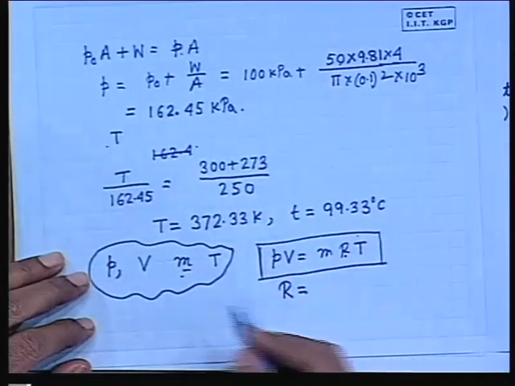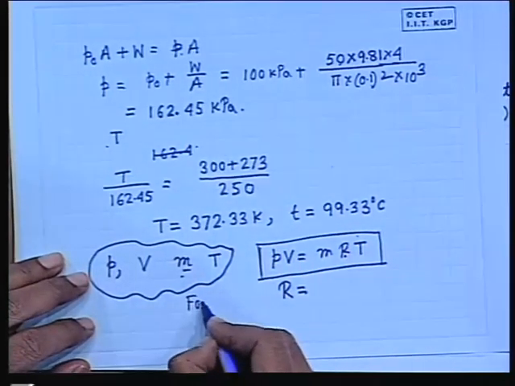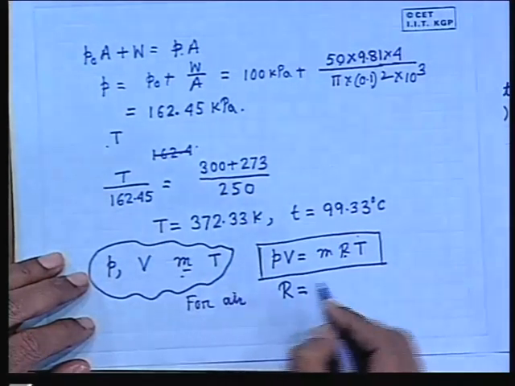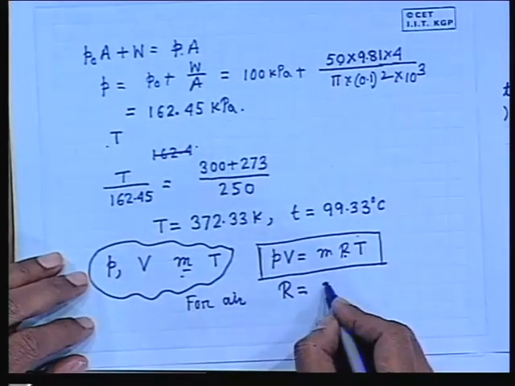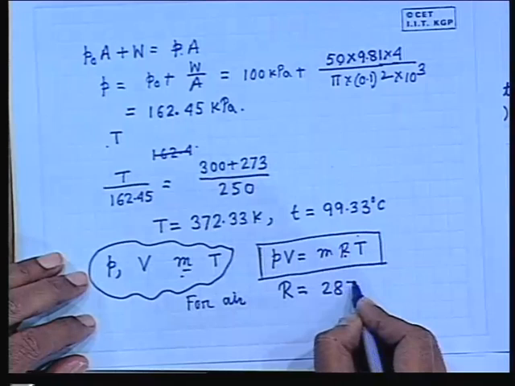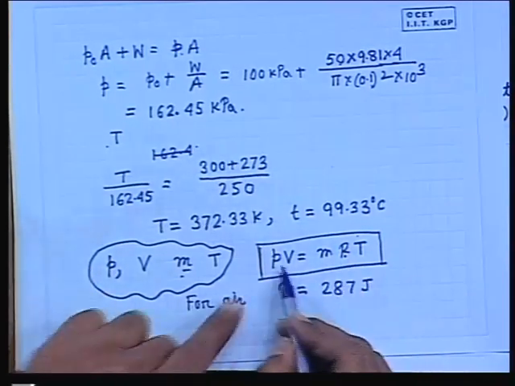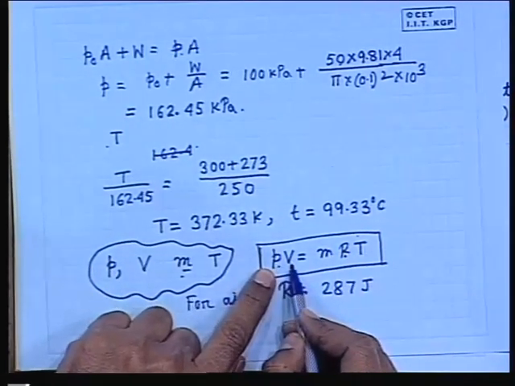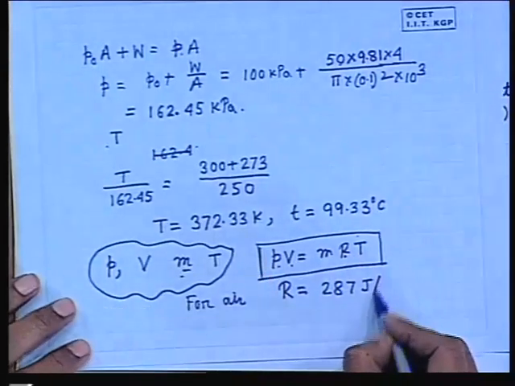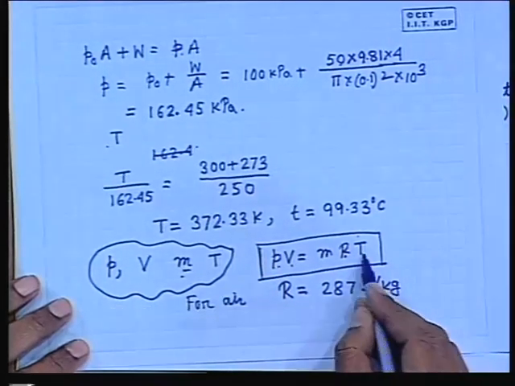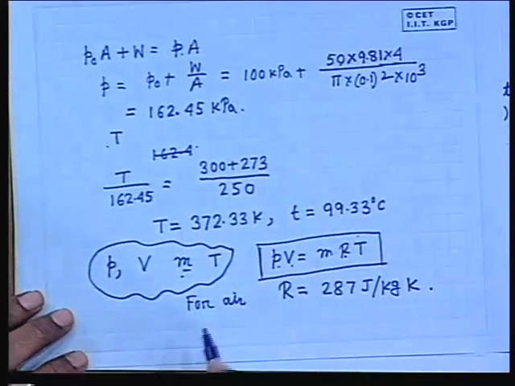For air, what is this value? 287 joule per kg K in SI unit. Okay, all right.